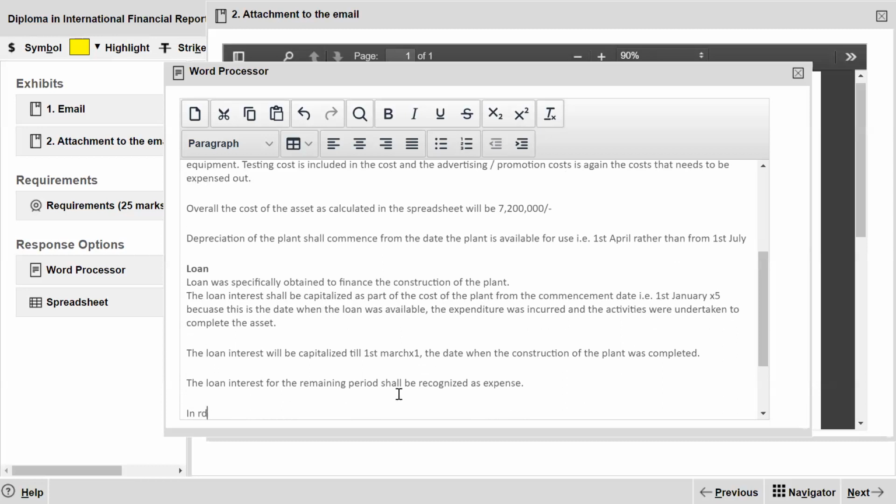In order to recognize the loan initially, the loan has to be recognized at fair value less the transaction cost.